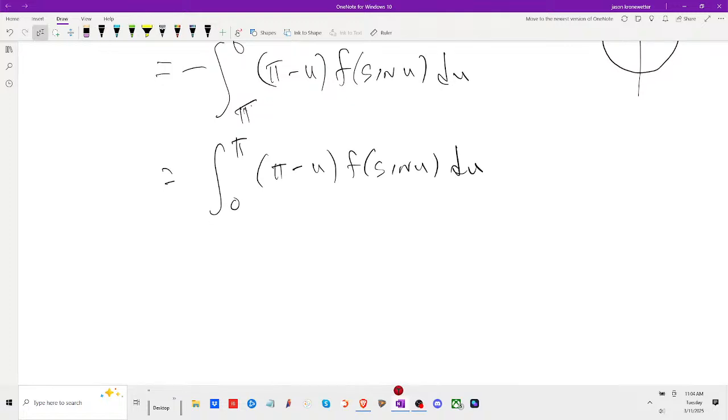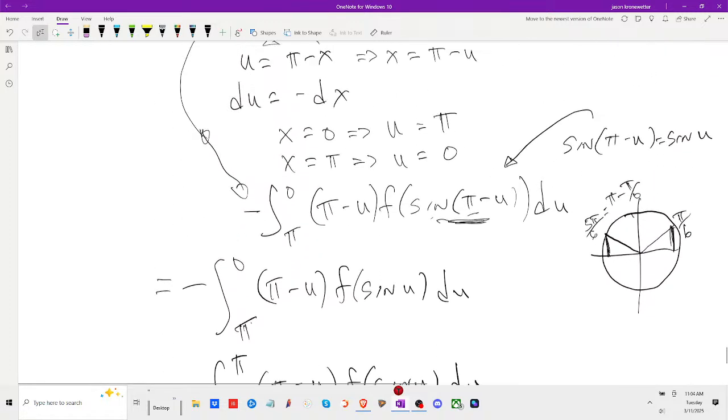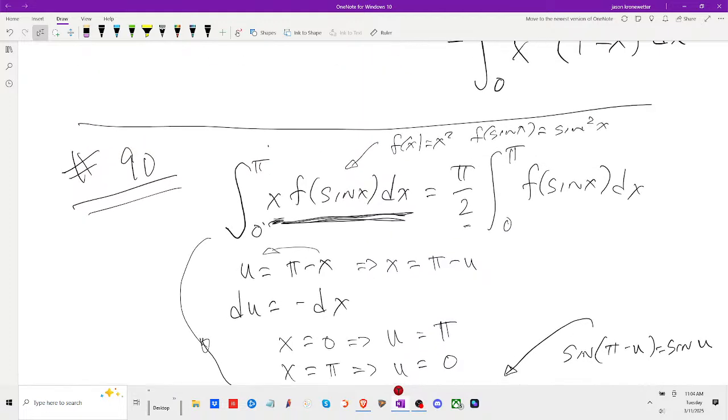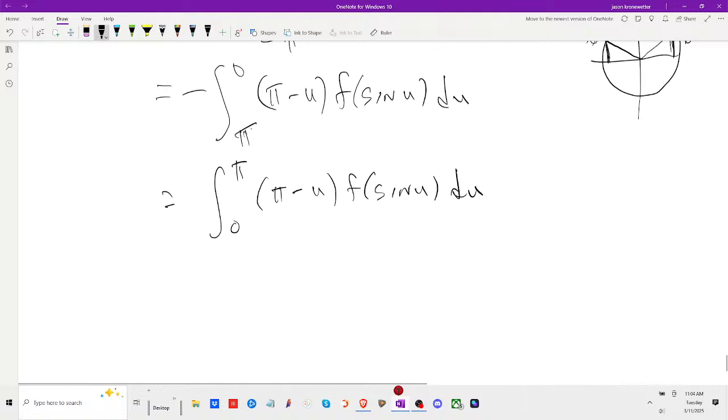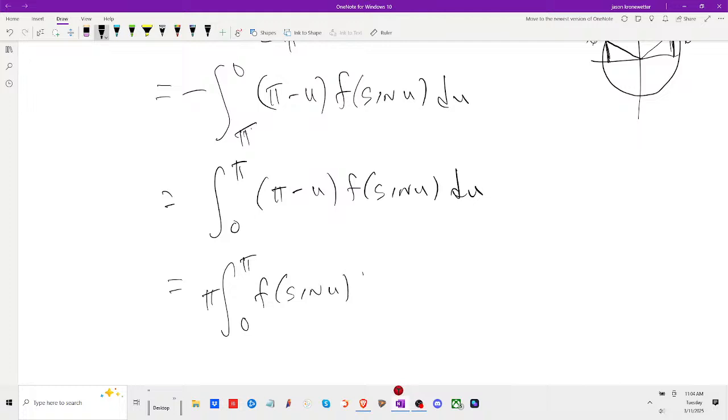Now this can be broken into two integrals. If you look at where we're going with this, we want to end up with this right here, just a simple integral. So I'm going to break this up into two: pi times the integral from 0 to pi of f of sine u du, minus the integral from 0 to pi of u f of sine u du.